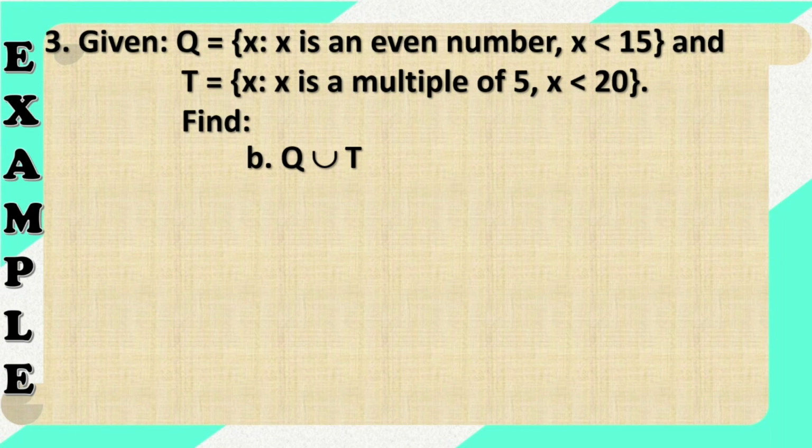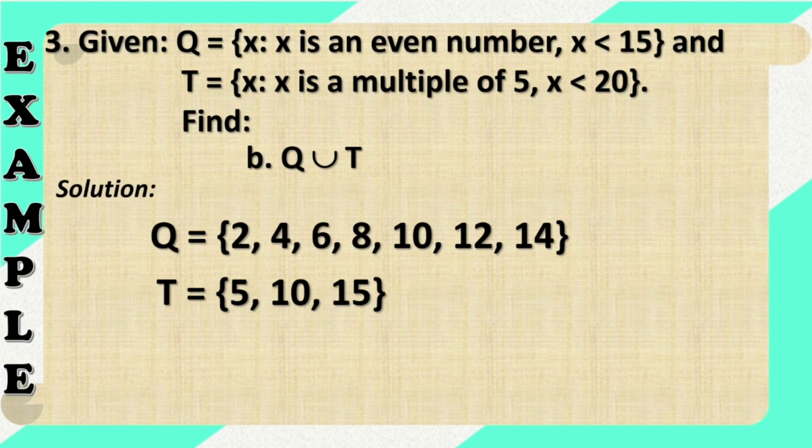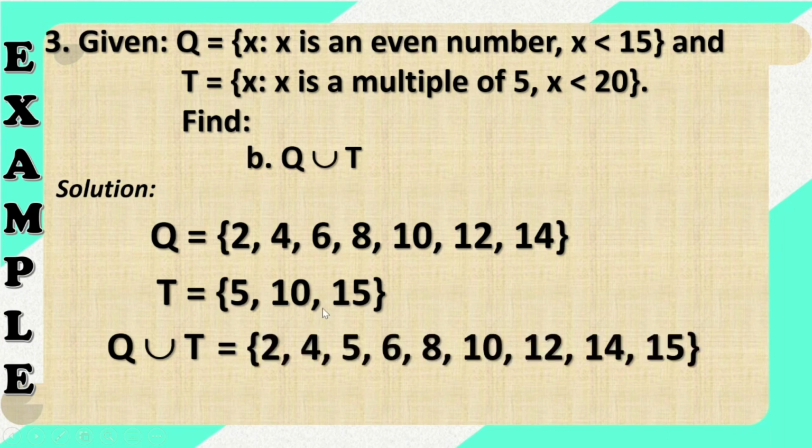For letter B, we are going to find the union of set Q and set T. When we say union, we combine all the elements of Q and T. So the union of set Q and set T, we have 2, 4, 5, 6, 8, then 10, written only once, then 12, 14, and 15.